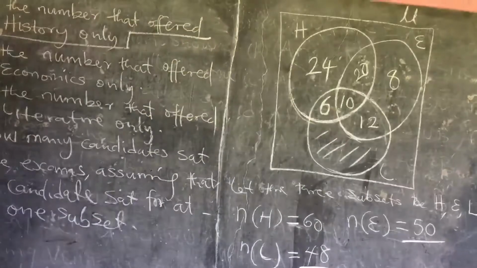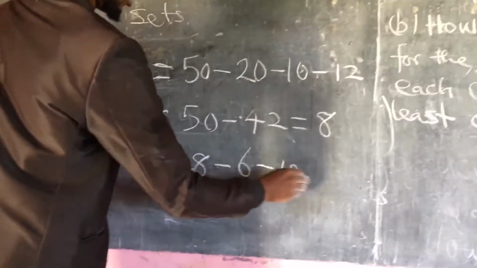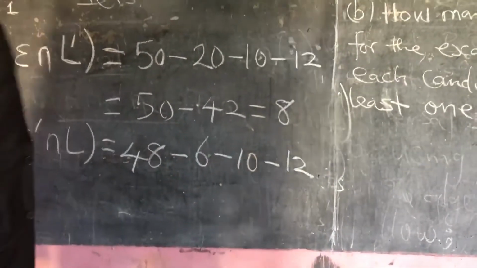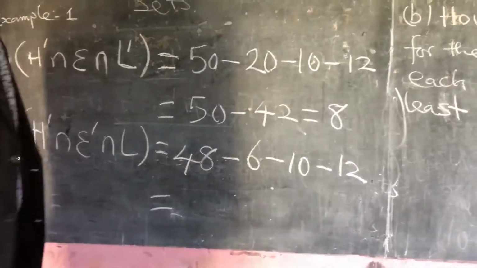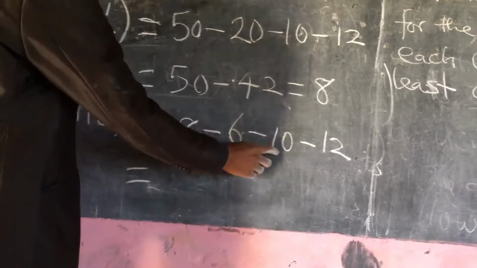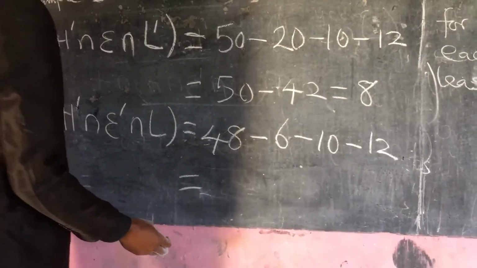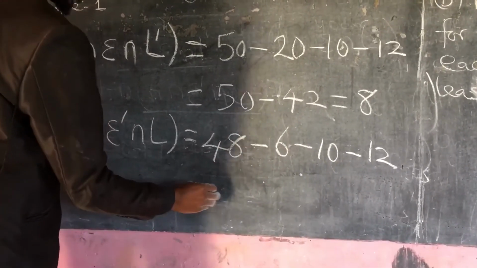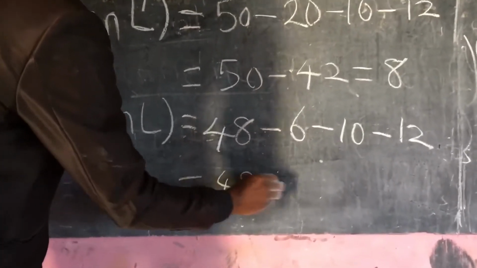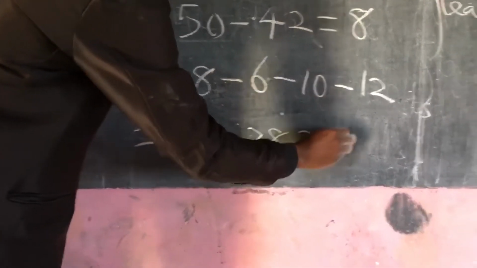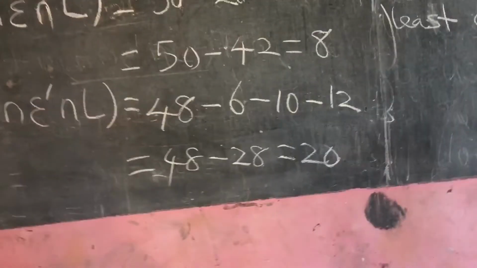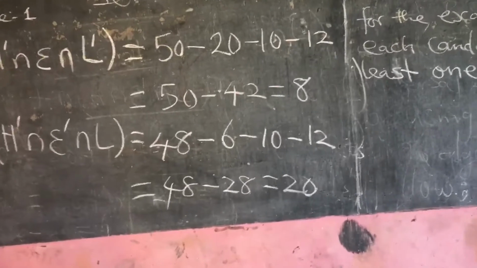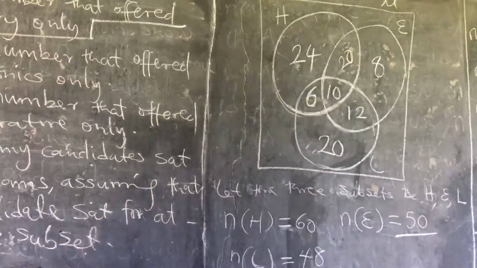So we take out 6, we take out 10, we take out 12. If we do that, 18 plus this one will give me 28. And then if I take out 28 from 48, I will get 20. So that part is 20. So we have answered all our questions.